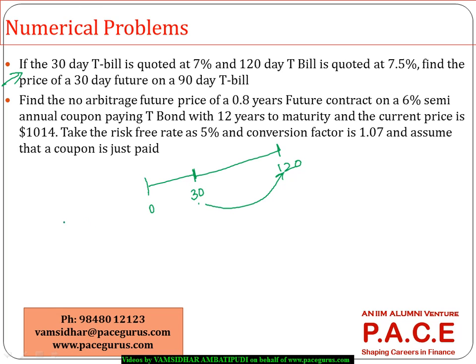Probably it looks more or less similar to our FRA, forward rate agreement example, except that we should appreciate the fact that treasury bills are quoted on a discount yield basis. Because they are quoted on a discount yield basis, we have to adjust for that discount yield in our calculations, right? So how do I adjust for the discount yield?